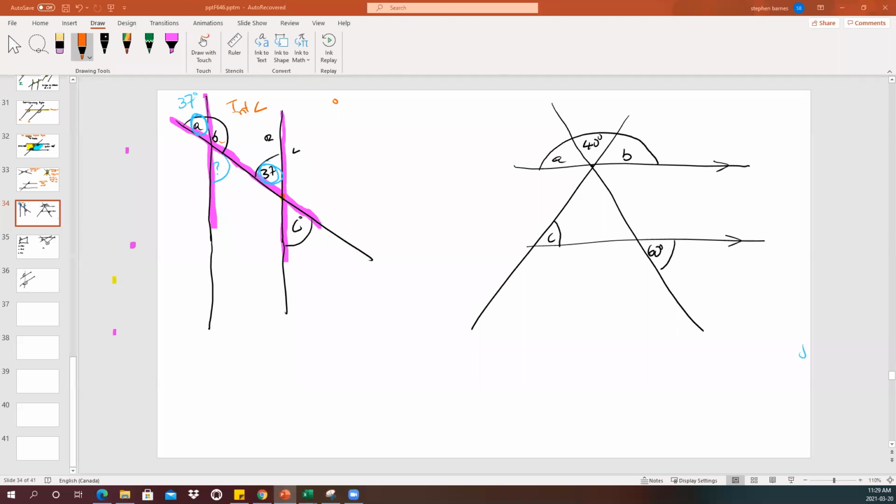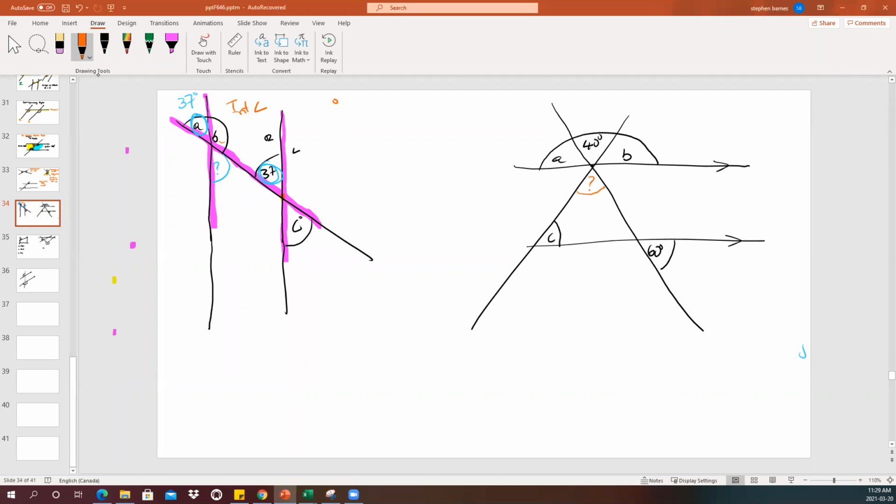So how I approached this question was to say, I need to find one of these or both of these, right? So this 40 that is right here, I said it was vertically opposite to this angle right here, right?